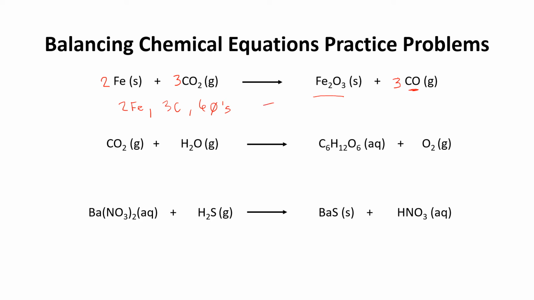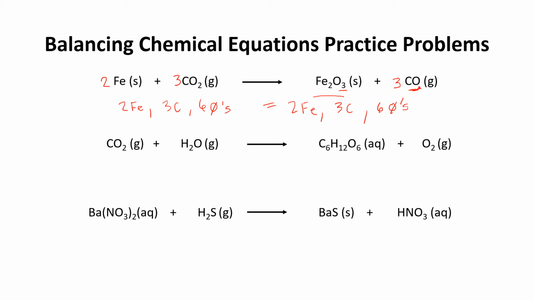And that's going to equal 2 irons, 3 carbons, and that's going to be 3 oxygens here and 3 oxygens here. So that's going to give me a total of 6 oxygens. So I'm balanced. Alright, let's look at the next one.